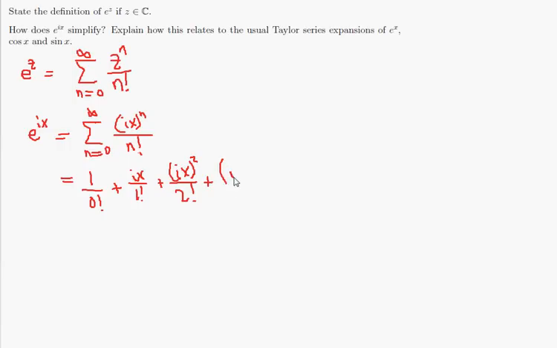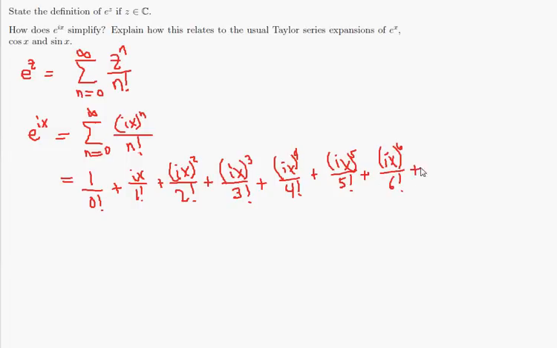Then let's take this out to about 7 terms, or to the 7th power, pardon me. i times x to the third over 3 factorial, i times x to the fourth over 4 factorial, i times x to the 5 over 5 factorial, i times x to the 6th over 6 factorial, i times x to the 7th over 7 factorial. And we proceed infinitely many terms, just like this.